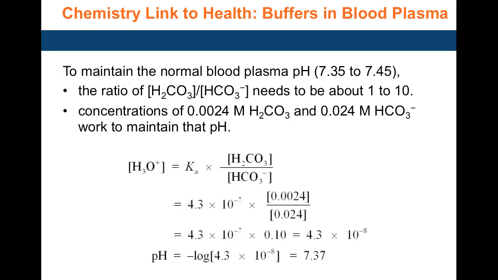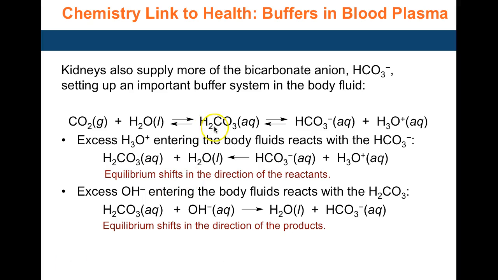So if you look at this again, the Ka expression here, Ka is going to be products over reactants, so HCO3 minus times the H3O plus divided by the carbonic acid concentration.